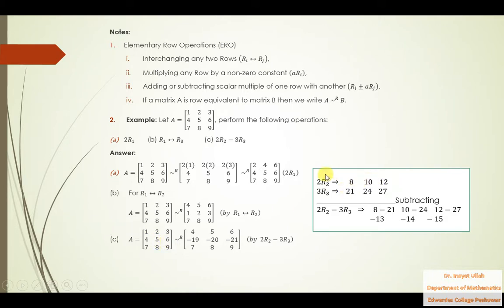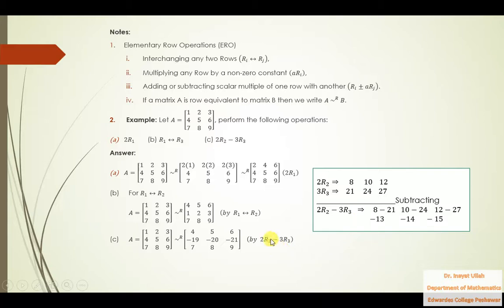Just look at this: 2R2 is 8, 10 and 12. Now secondly, multiply R3 by 3. This is row 3. Multiply this whole row by 3. 3 sevens are 21, 3 8s are 24, 3 9s are 27, so 3R3 is 21, 24 and 27.